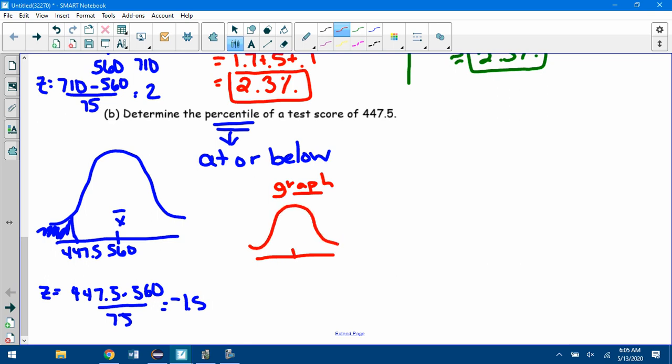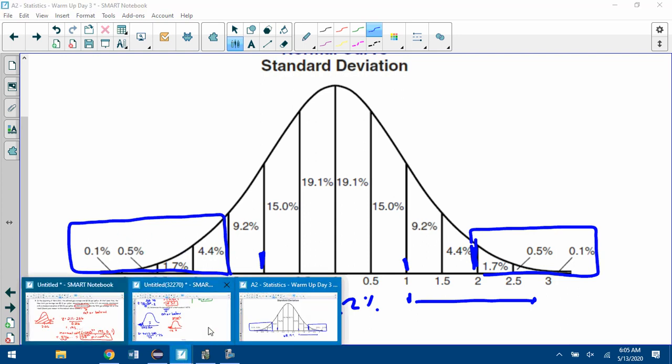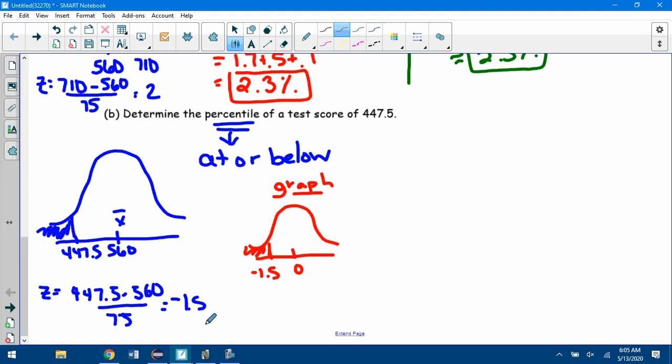We've got 0 here, negative 1.5 here, and I want this percentage. So if I wanted to use the graph, I'd look at negative 1.5, which is right here, and I'd add up all the percentages at or below. So 0.1, 0.5, 1.7, 4.4.